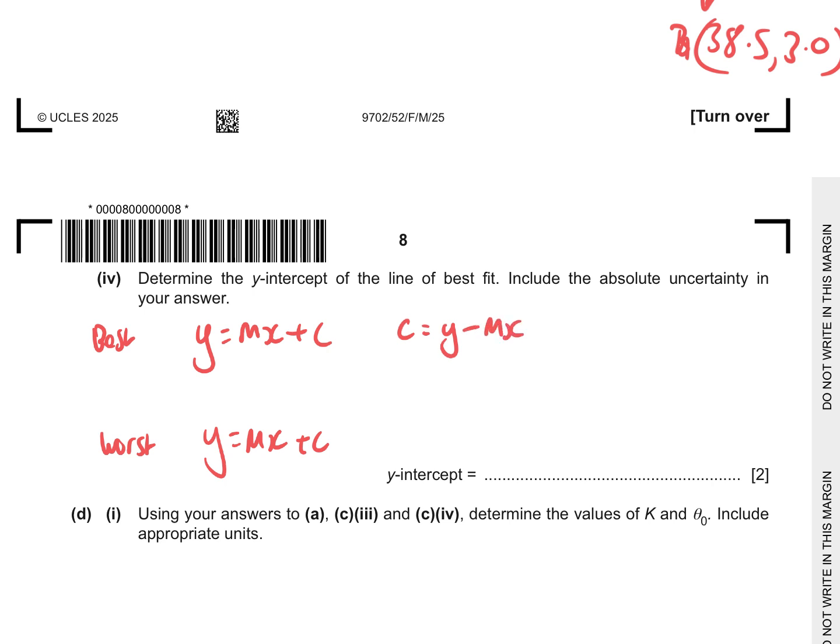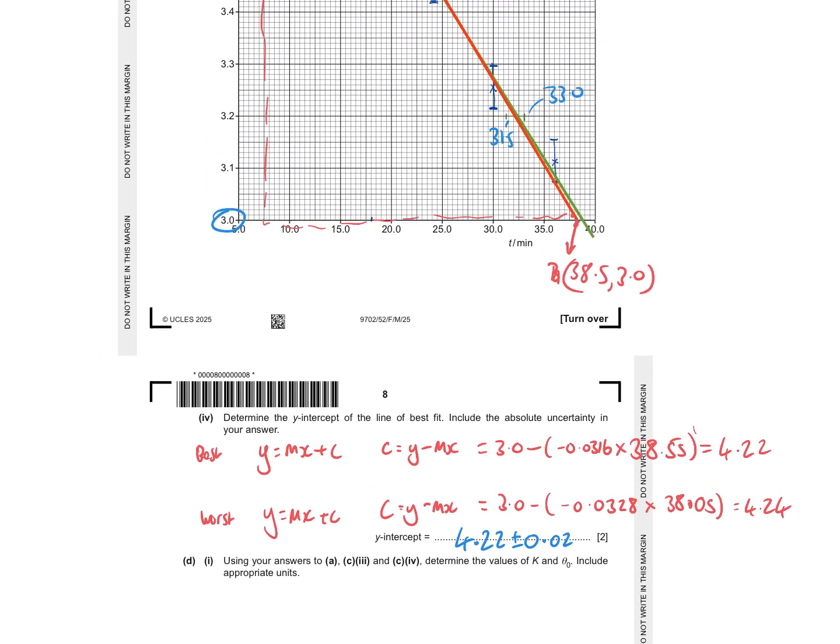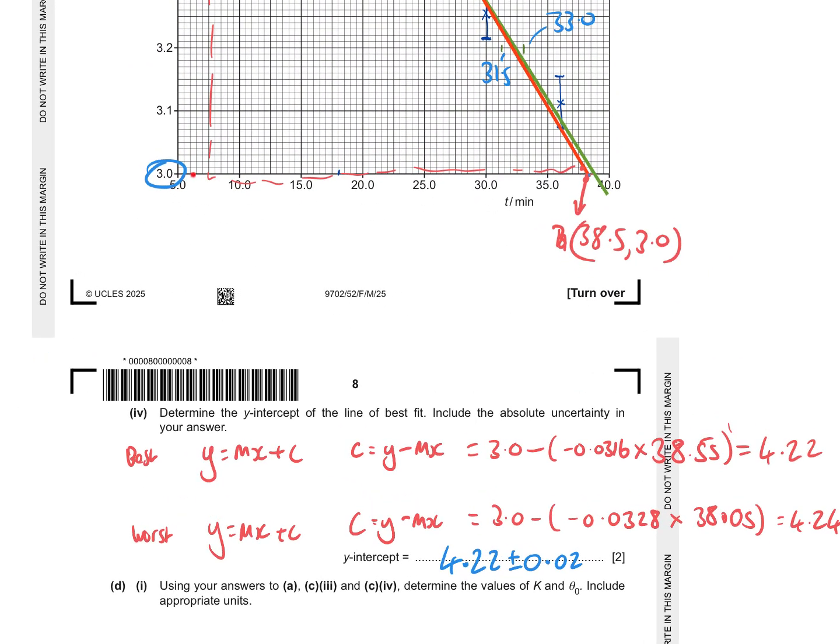You're trying to find the y-intercept for both your best and worst fit and lay it out neatly so the examiner knows what you're doing. I'll now skip ahead and do the working. And there's my working. So I've used the y and x value from the bottom over there. Like I said, sometimes that's a nice easy one because obviously you know the free value is nice and easy, and then you can get those values from over there.